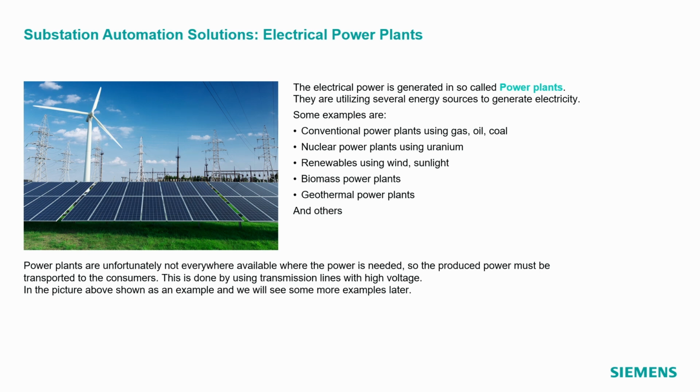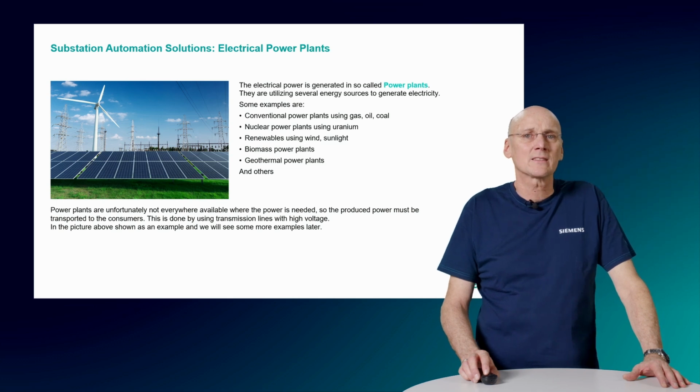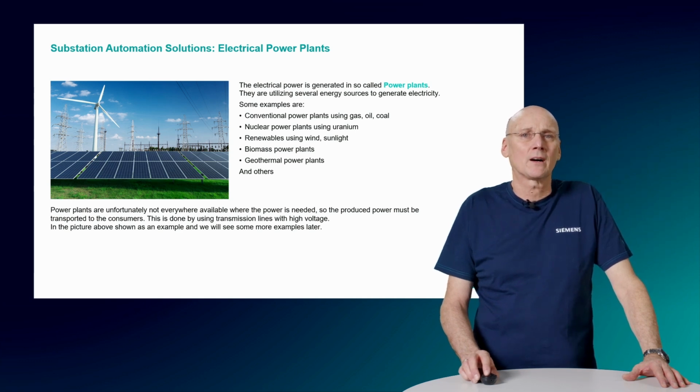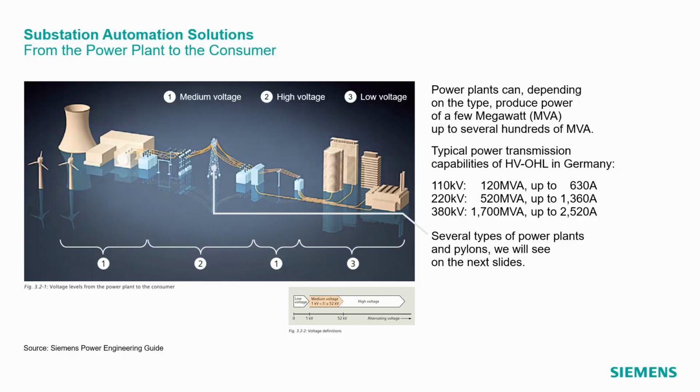To understand this, and before we dig into the power plants and overhead lines and transformers' way of working, let us have a short look over the complete path from the power plant to the consumer. Here you see the path from the power plant to the consumer.